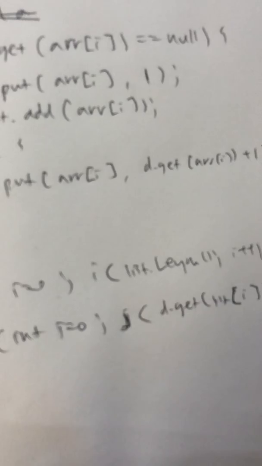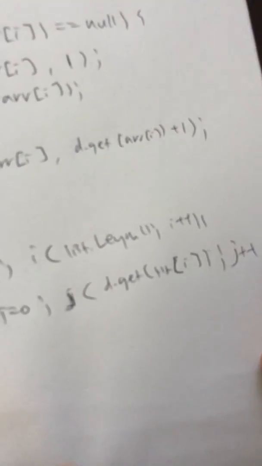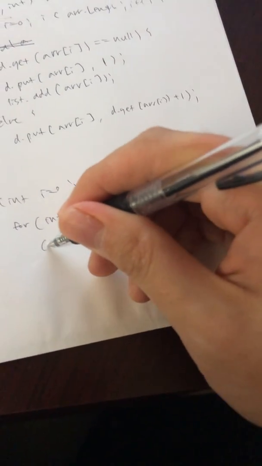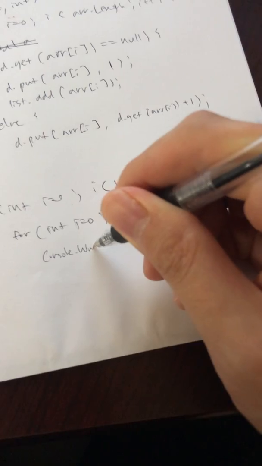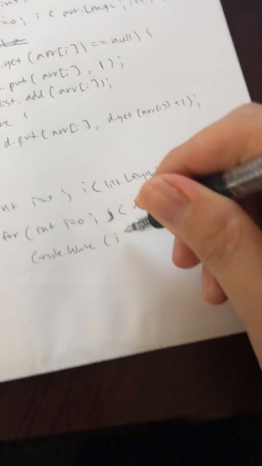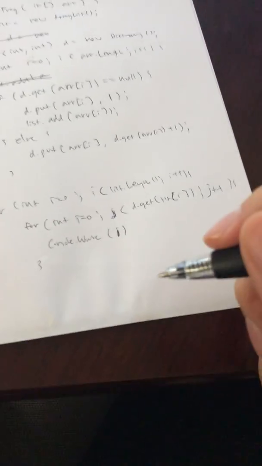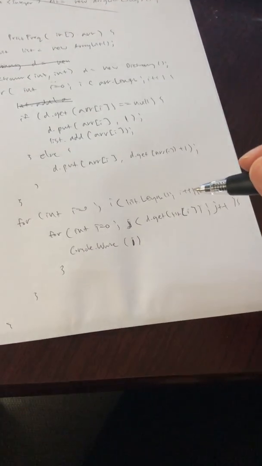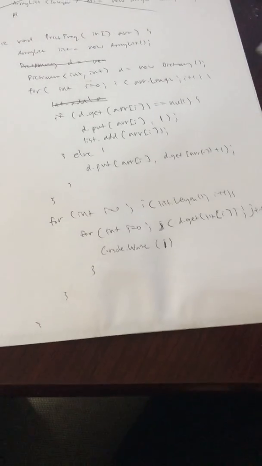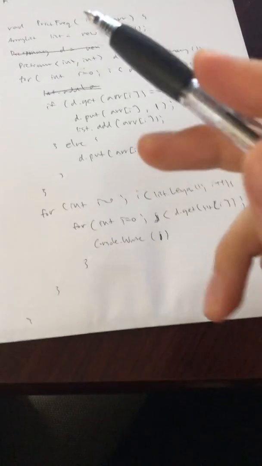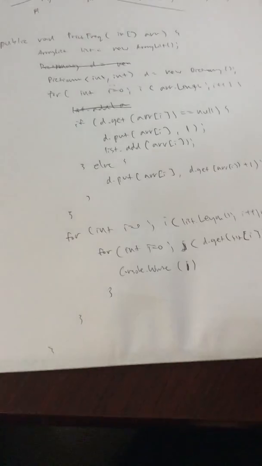So console dot write, i, or rather list i, and that should print the elements in the order in which we put them into the array list, as many times as the frequency.